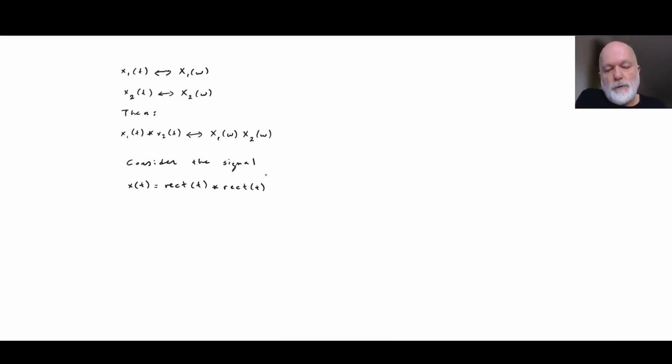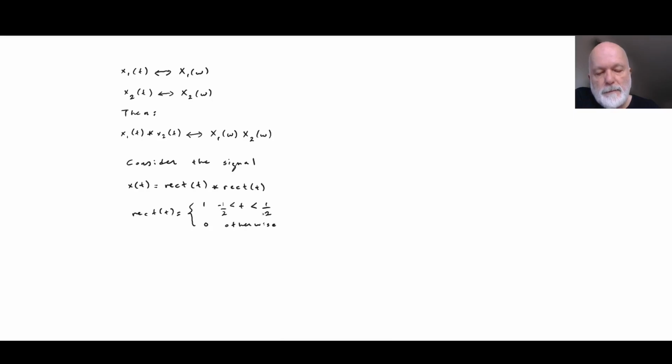So first we remember the definition of the rectangular pulse, rect t. It is equal to 1 for t greater than -1/2 and less than 1/2, and 0 otherwise.